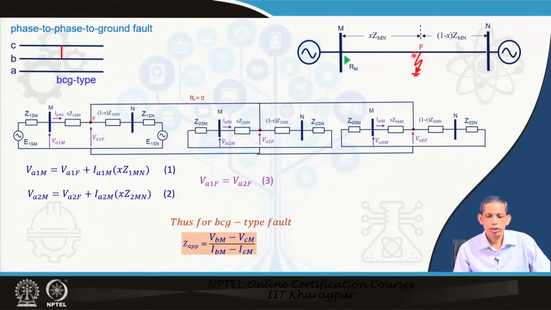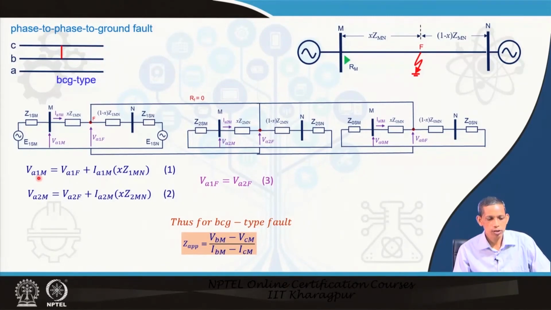For this case again the positive sequence and negative sequence are in parallel, therefore this voltage V A 1 F equals V A 2 F. We saw the same relation in the earlier phase to phase fault, and this was our starting relation.